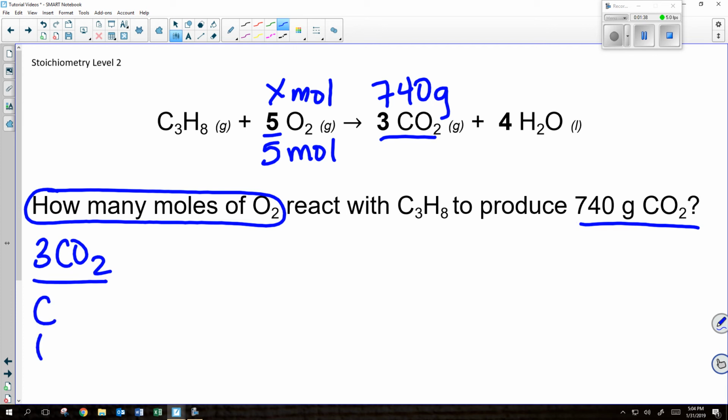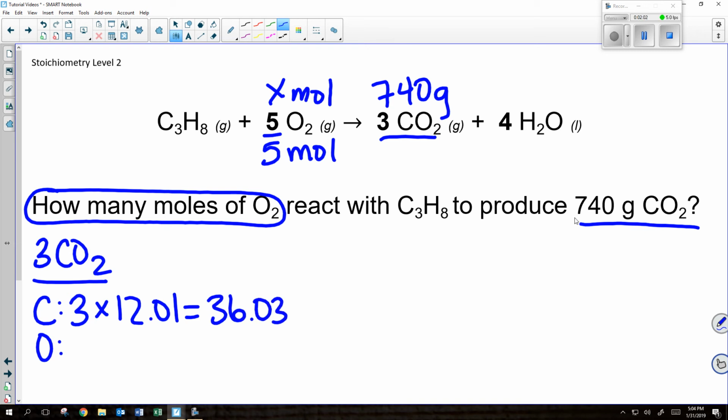I have carbon and oxygen in my substance. So, looking at my 3 moles of CO2, I have 3 carbon. I multiply that by the mass of carbon, which rounded to 2 decimal places is 12.01. To multiply across, 3 times 12.01 gives us 36.03.